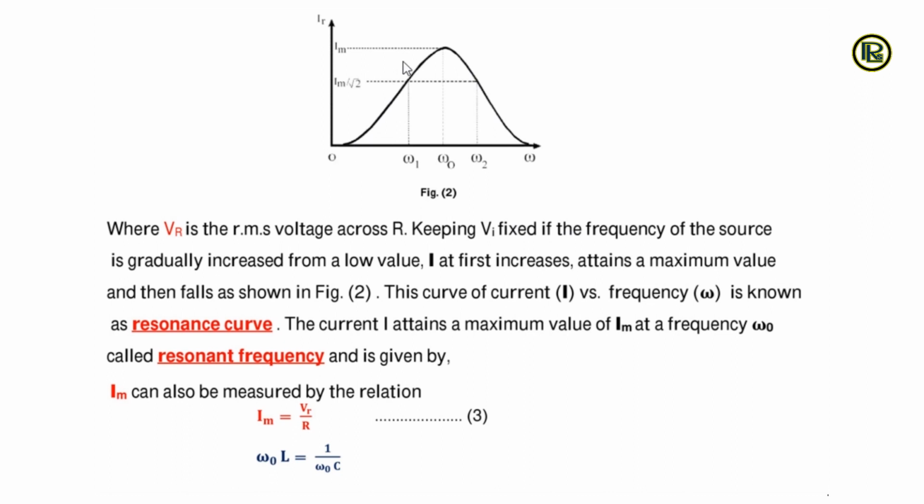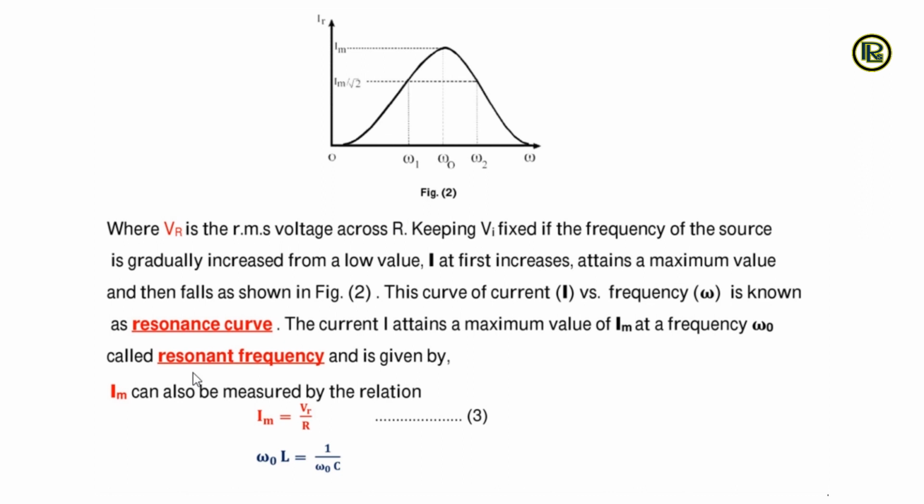So it increases, then reaches a maximum value Im, and then it goes down again. This is a schematic diagram of the response curve, and this response curve is called the resonance curve. The current I attains a maximum value Im at a frequency omega 0 called the resonance frequency.